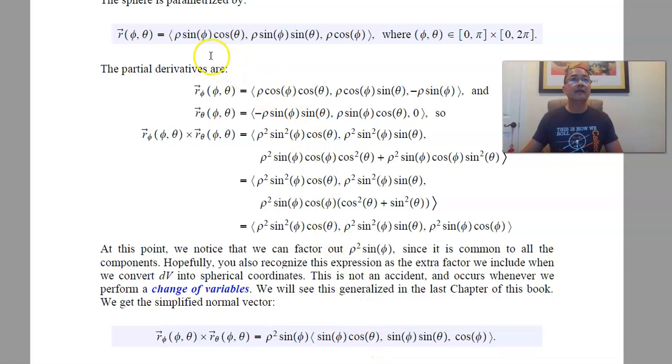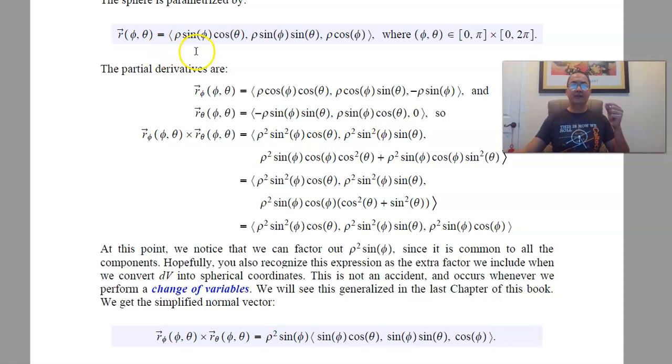Sine phi cosine theta, sine phi sine theta, cosine phi. So this is the same vector except we're missing a row. We can put one of the rows back inside there, and we have exactly the parametrization. So what does that mean?